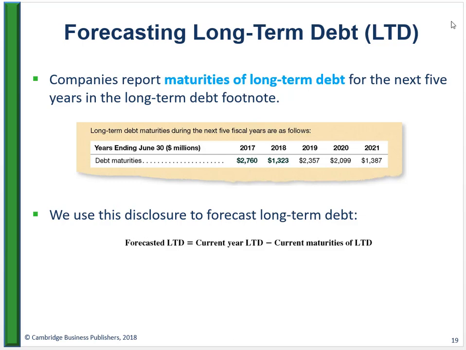Okay, I can move pretty quickly through these next couple of slides because they're disclosed in the footnotes and we've reviewed them in prior modules, and long-term debt is one of those. Current maturities of long-term debt will always be disclosed in one of the footnotes, and when we know that, it creates, I guess, an ease of use or a simplification to forecasting that long-term debt line item.